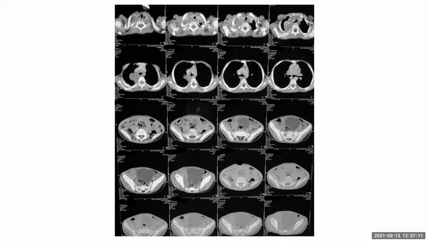These are the axial images of the chest and abdomen, seen in the mediastinal soft tissue window. I'm seeing a right paravertebral soft tissue lesion extending to the right hemithorax, with a speck of calcification also noted.